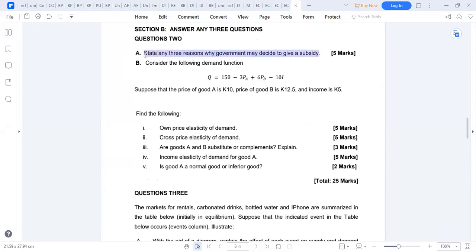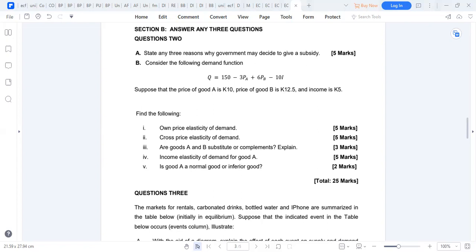All right. What is a subsidy, and explain why government may choose to give a subsidy? Why do you think government may choose to give a subsidy? So a subsidy may be given for many reasons, but here are three. Number one, government may want to promote a certain sector.